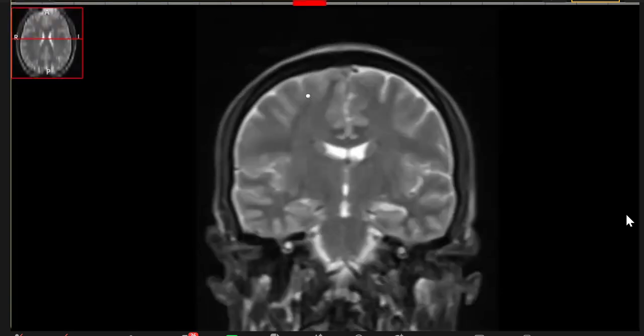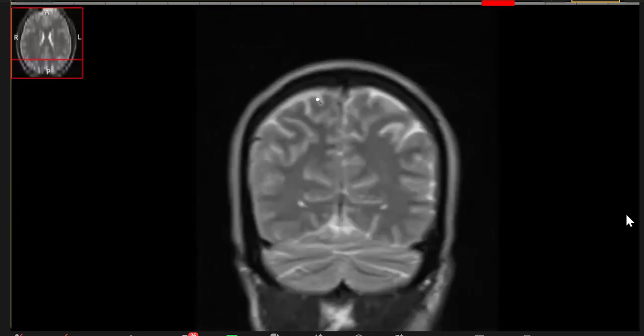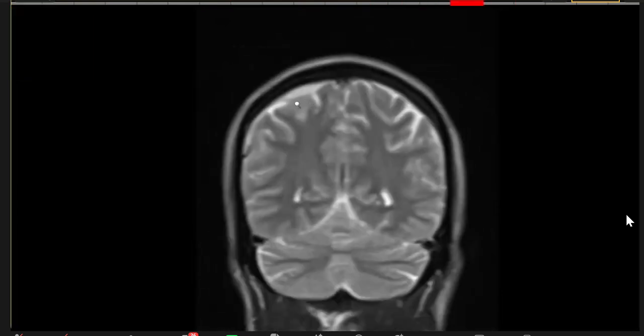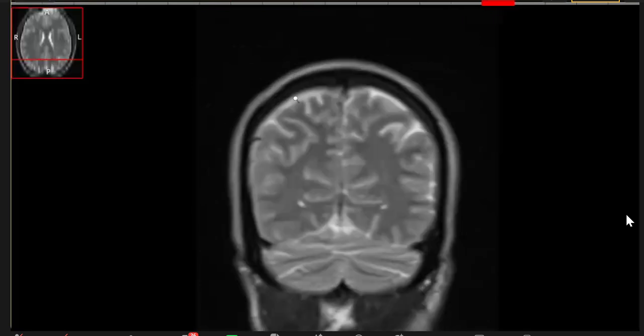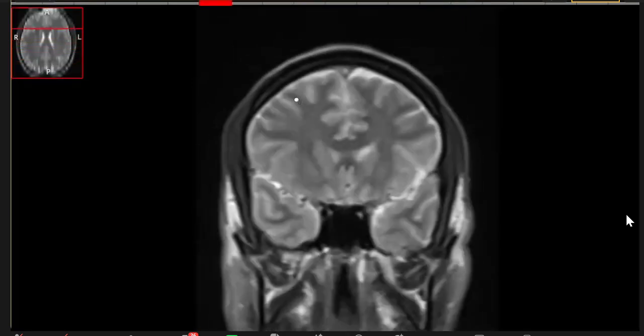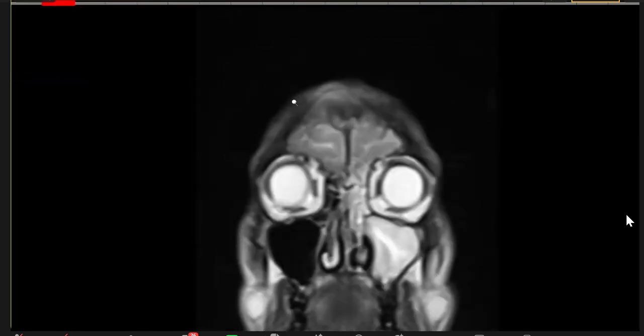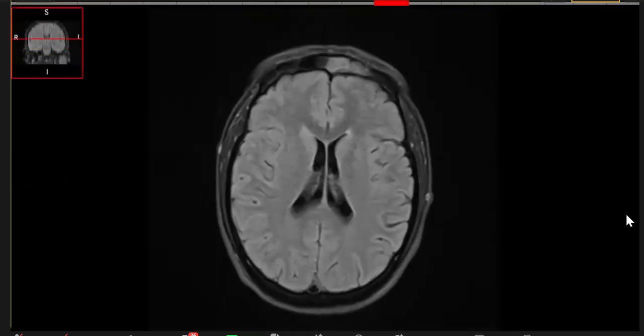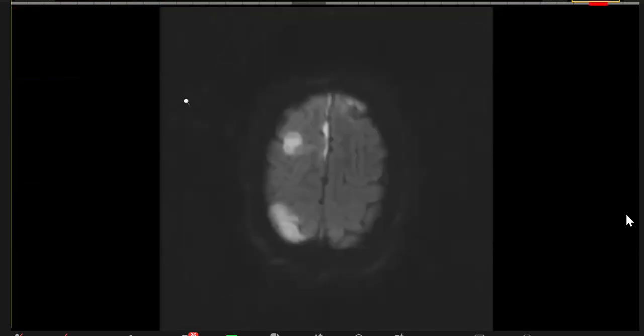So something is happening here. You remember we saw a bit of enhancement there, and something is happening here also. Now you can see this focus where I am pointing out, fluid containing, but the diffusion in this case was absolutely brilliant. On diffusion, but the whole of my viva will be on FLAIR, I warn you. FLAIR is the key for the exam because the findings are subtle, but you have to pick them up.